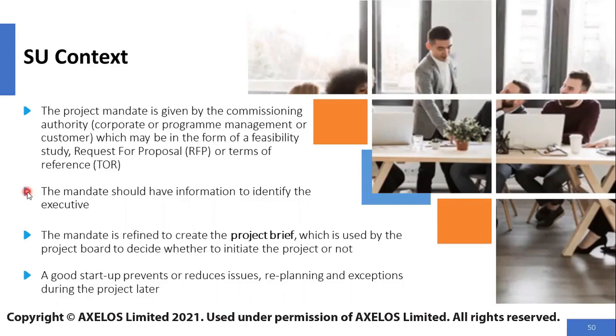For example, there may be some skills listed on who should be the executive, or maybe the challenge indirectly indicates what kind of executive should be appointed. For example, if the challenge is in a banking environment, then probably someone who has banking experience and a knowledge of financial and business management should be appointed as the executive.